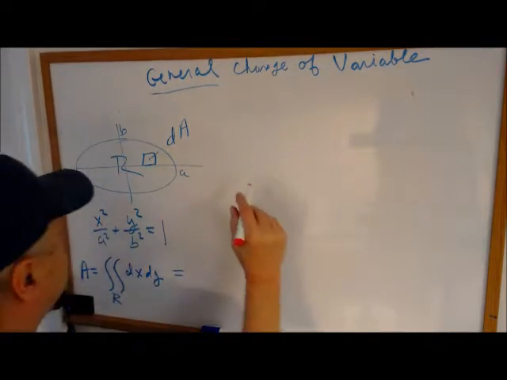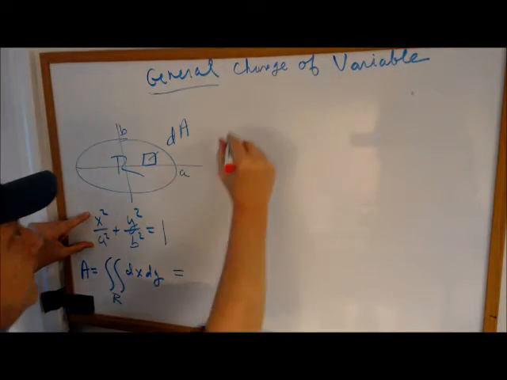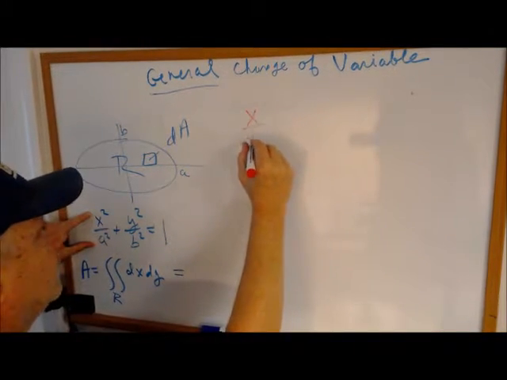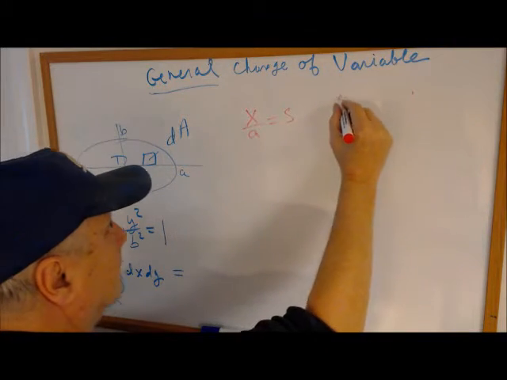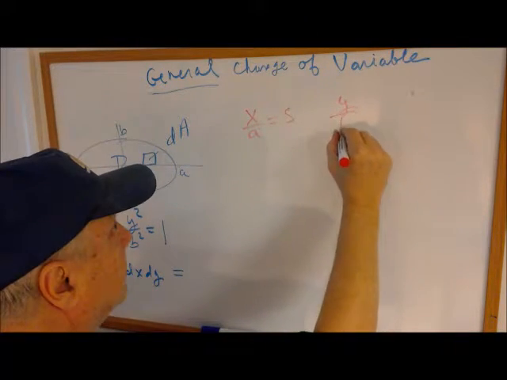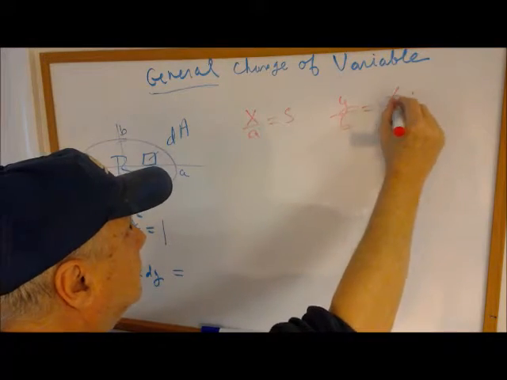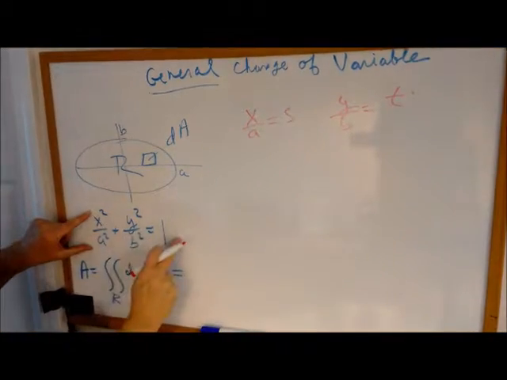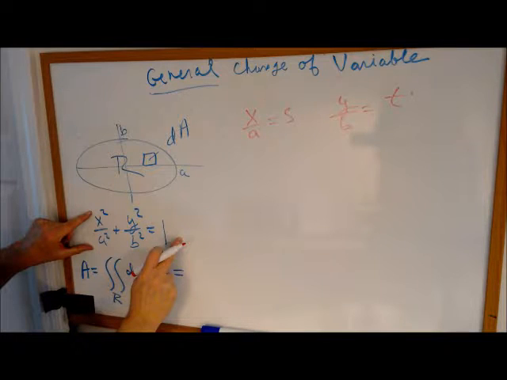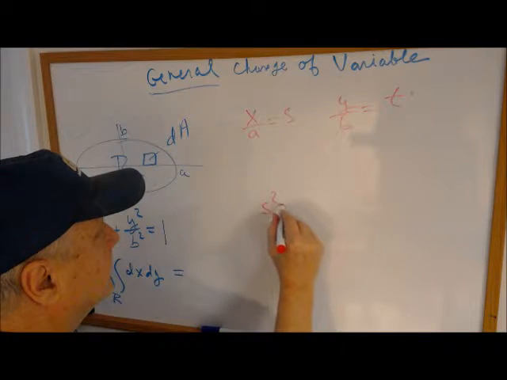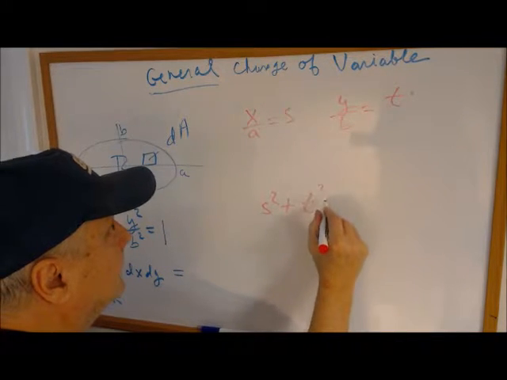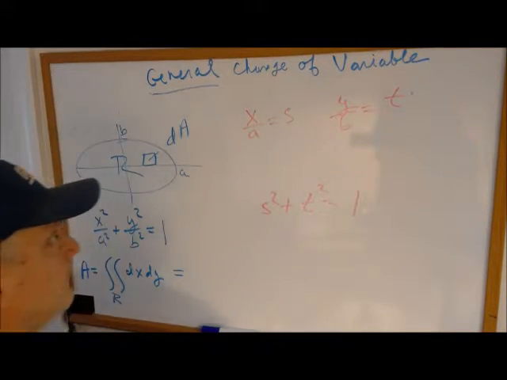I think you can see if we just let x over a be equal to s and y over b is equal to t, then this complicated equation turns into s squared plus t squared is equal to 1.